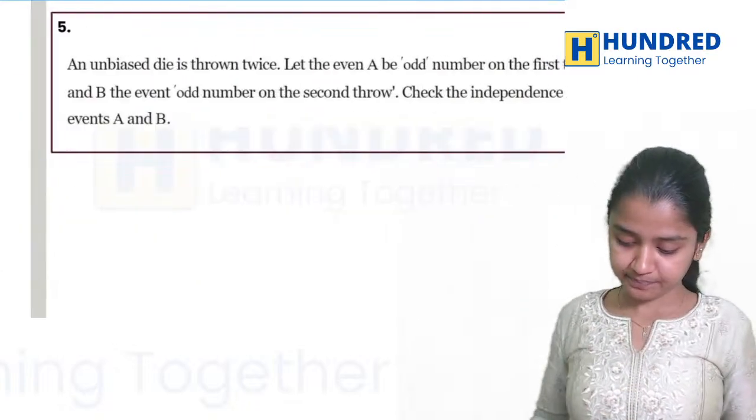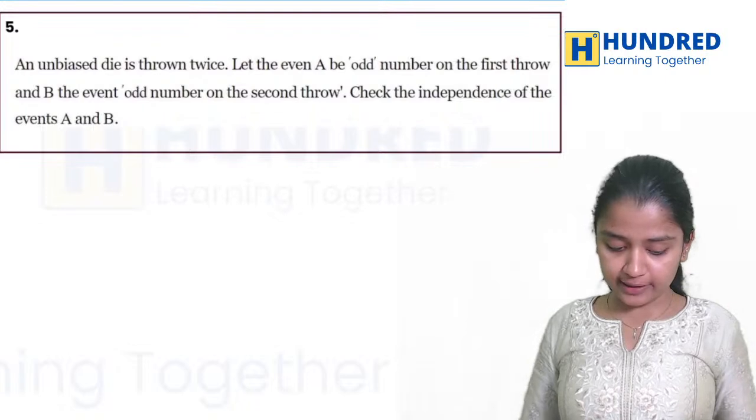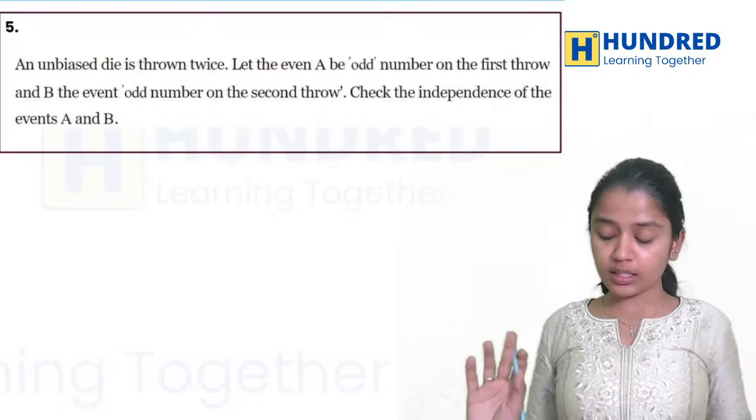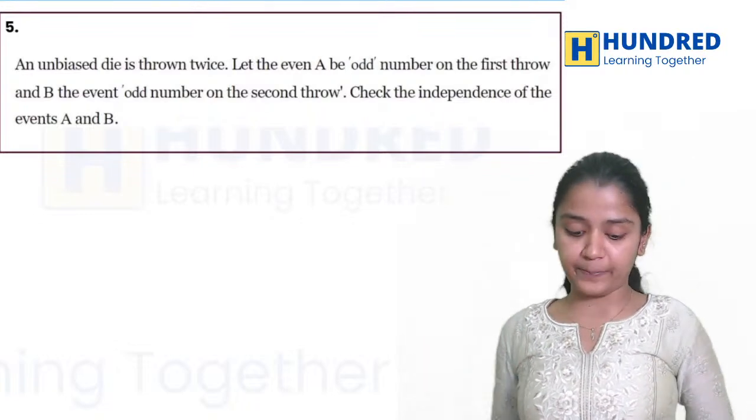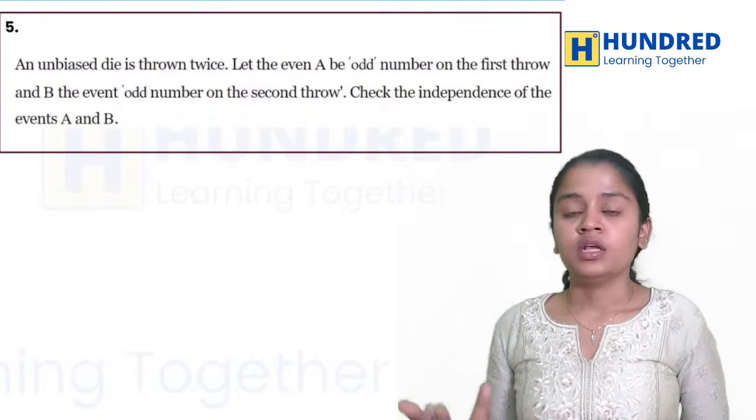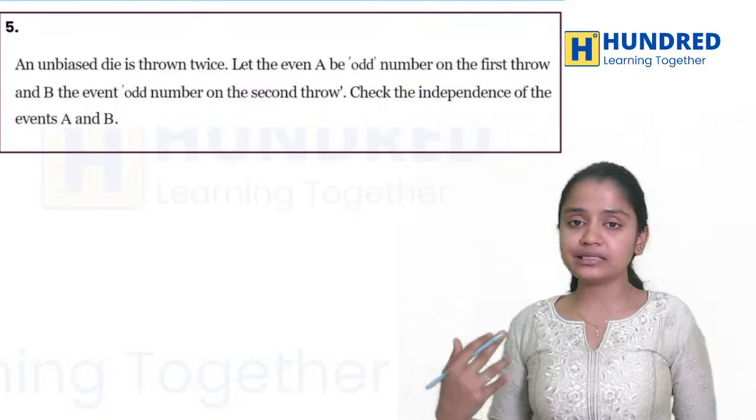Super. Now let's go to the next one. You have to understand the question, and again they asked us to check for independence. Basically they have given you two events and they are asking you to check.